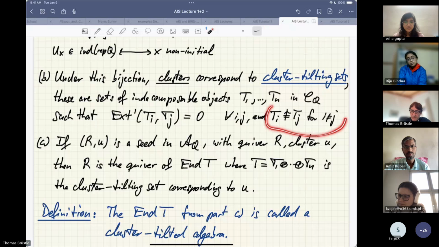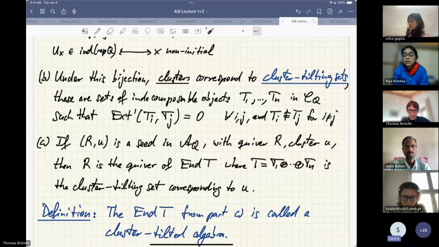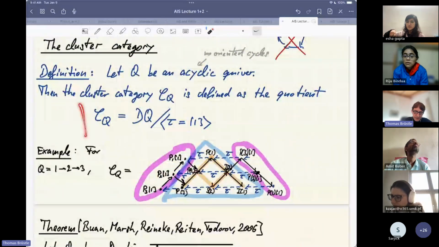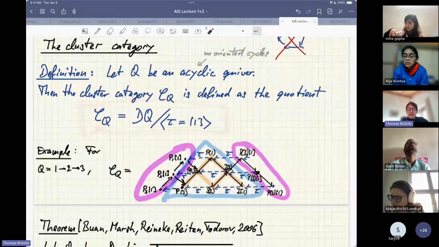And also the category is Krull-Schmidt. The category is the cluster category, a nice Krull-Schmidt category.